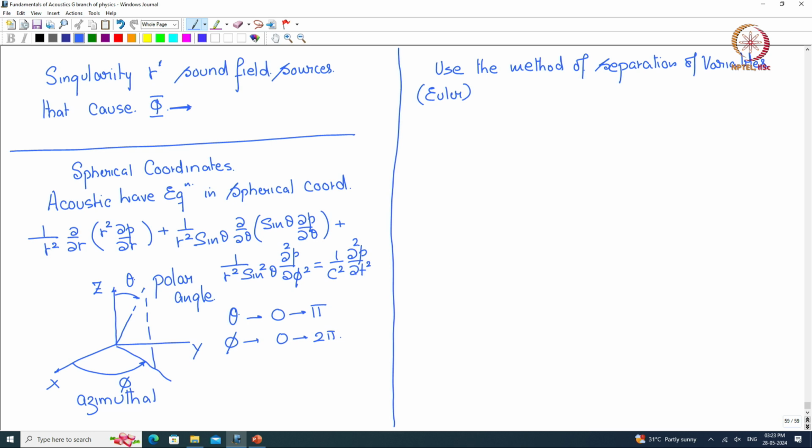So what is this method of separation of variables? We assume that this pressure, which is dependent on r, the location radius from the origin, on theta, on phi and on time, to be functions which are solely functions of their arguments: R of r, Theta of theta, Phi of phi and T of t.